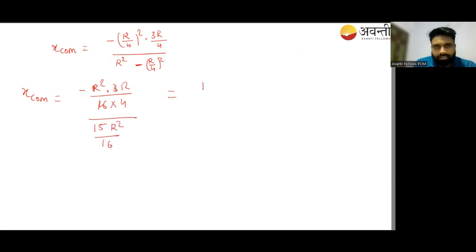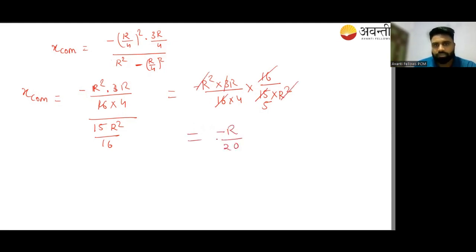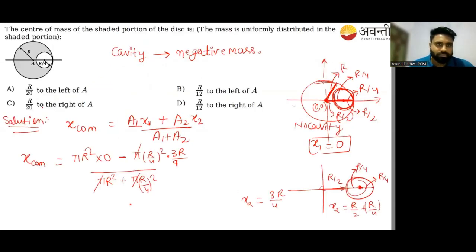You can take it as minus r square into 3r divided by 16 into 4 multiplied with 16 times 15 into r square. This 16 and 16 will cancel out. This 3 fives are 15. R square and r square will cancel out. So it is minus r by 20. This minus represents that you have to move the origin to the left. So the correct option is r by 20 to the left of A.